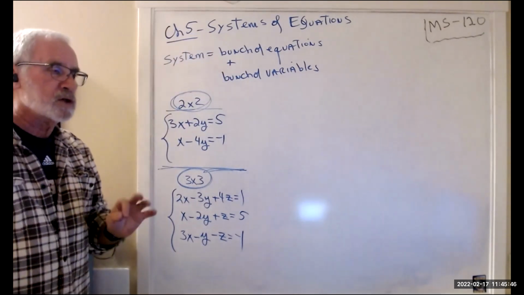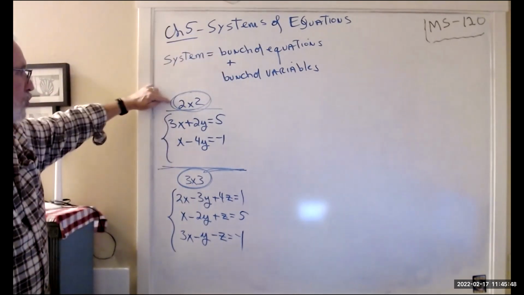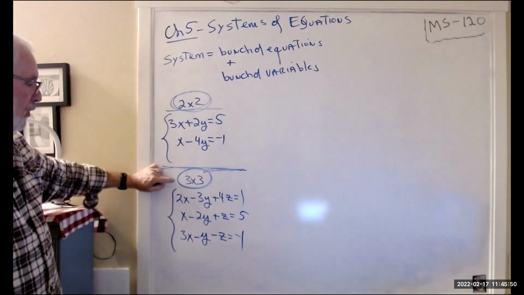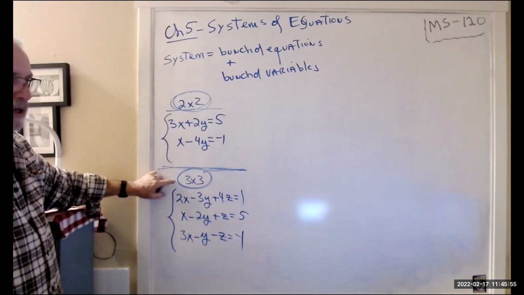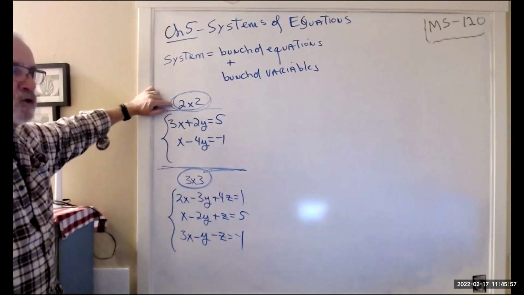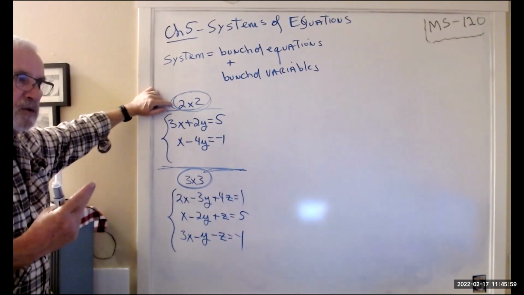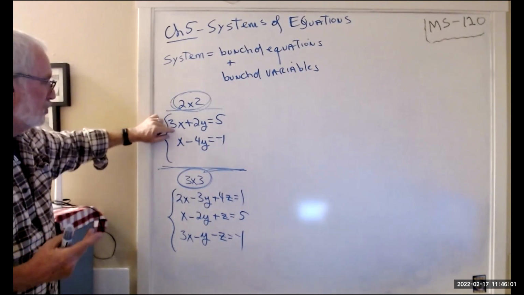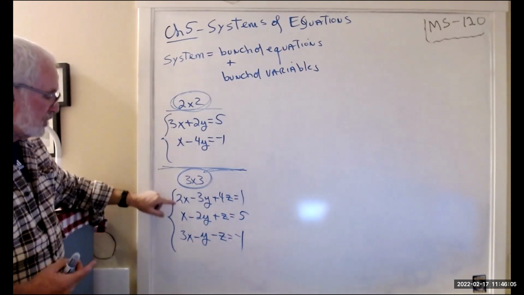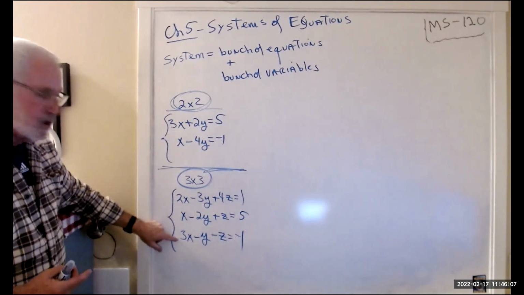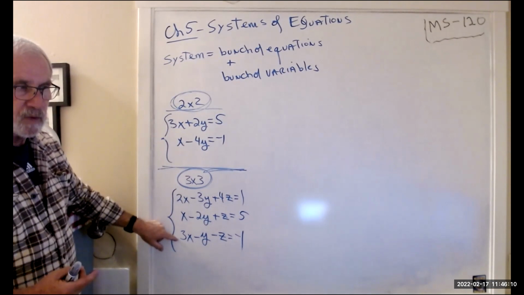We're going to focus on what's called a 2x2 system or a 3x3. That's how you say it, 2x2 or 3x3. What it means is I have two equations and two variables. 3x3 means I have three equations and three variables.